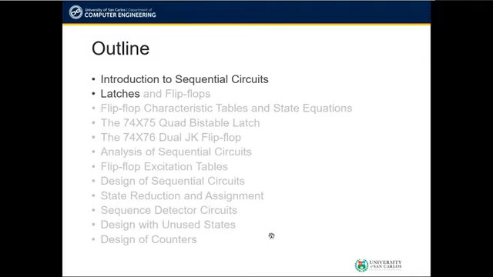For this discussion, we will focus on the introduction to sequential circuits and latches.